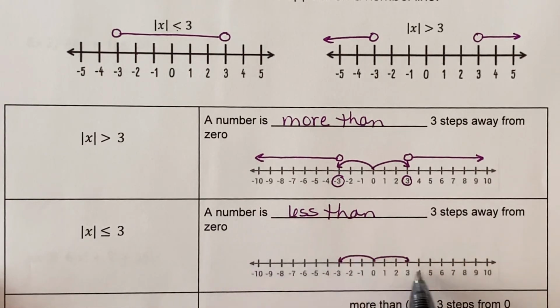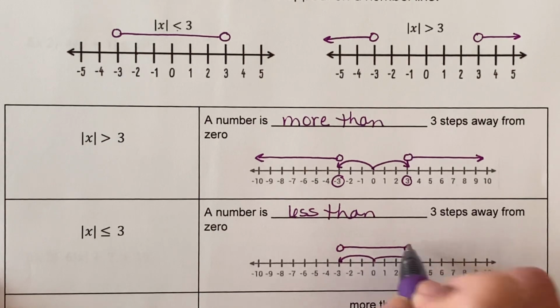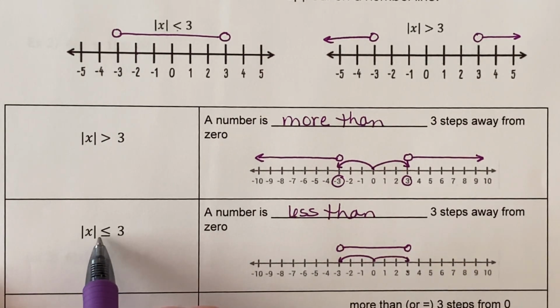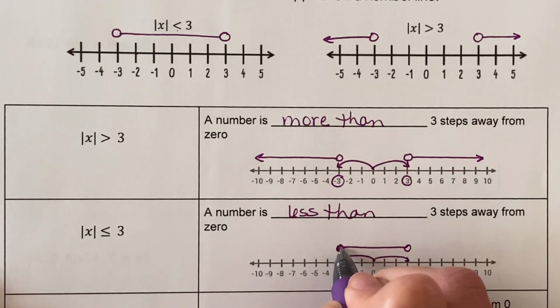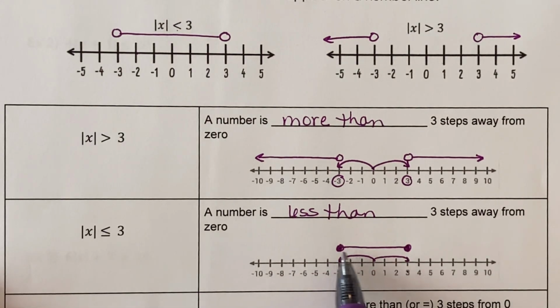If it's less than 3 steps from 0 in either direction, that means I'm looking at all of these. So I'm looking at 1 step, 2 steps, 1 step, 2 steps. And because it's equal to, I am going to fill those in because 3 and -3 are also included. So that's what that looks like when you reason it out.